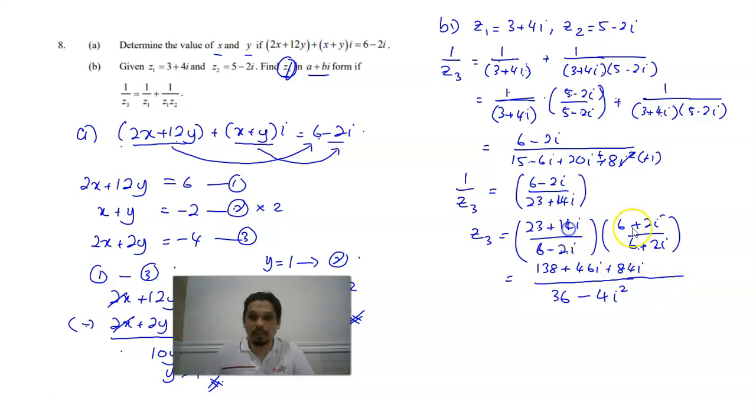And 14 times 2, 28i squared. Okay, so i squared is negative 1, negative times positive, negative.